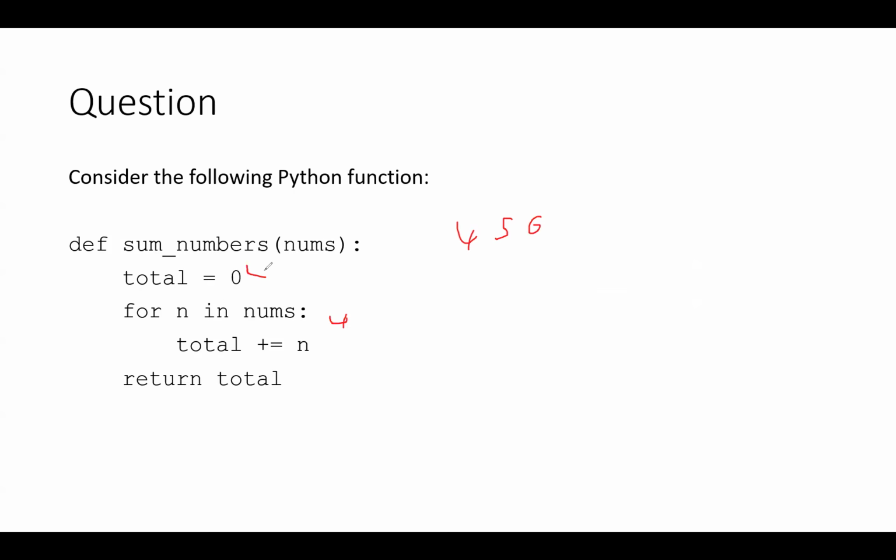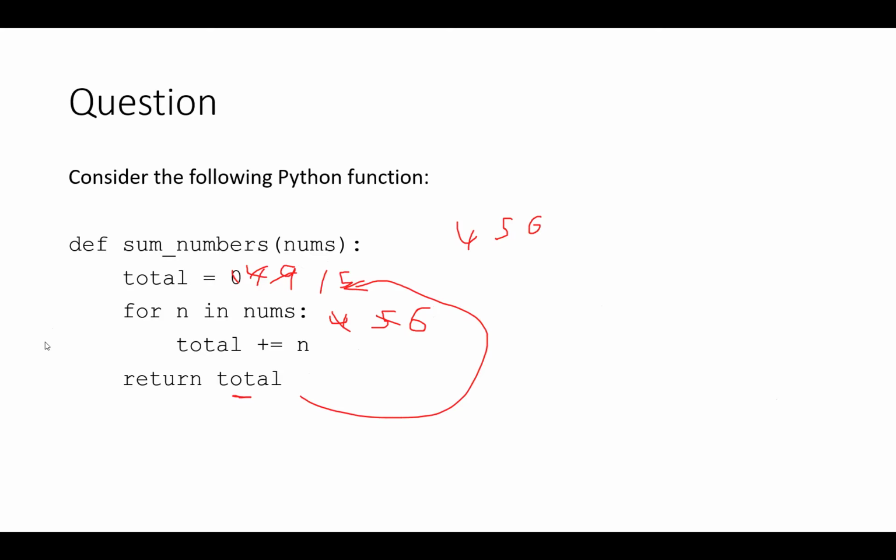Total now goes to 4, right? The second time, 5 is going to go in. The total is going to be 4 plus 5. That's now 9. So total is now updated to 9. And then the third time, 6 is going to be looked at. And the total is going to be 6 plus 9, which is 15, right? So when it prints total, it prints 15.